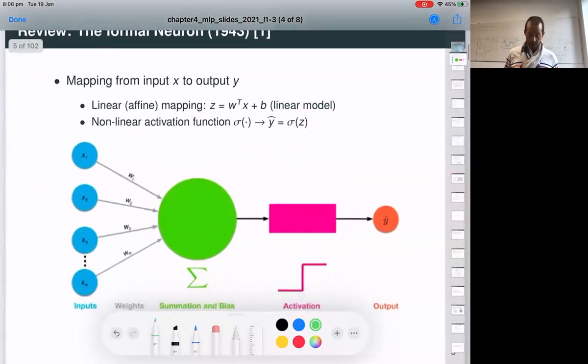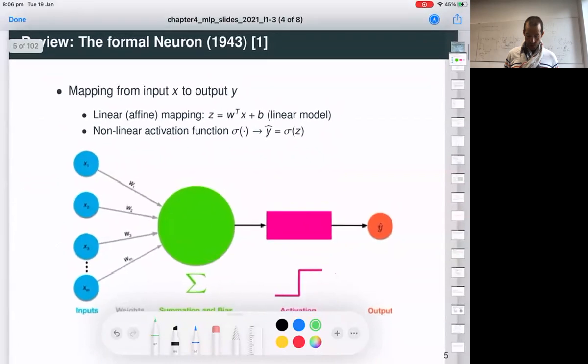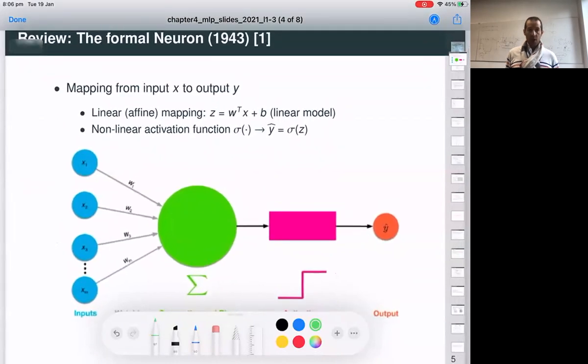Okay, so back to what we have seen in the first lecture. The formal neuron was introduced in 1943, in fact, and is just a mapping from the input X to the output Y. And you have the first mapping, which is a linear part, with the linear combination of the features X with the weight W plus a bias, which is also called the intercept in statistics.